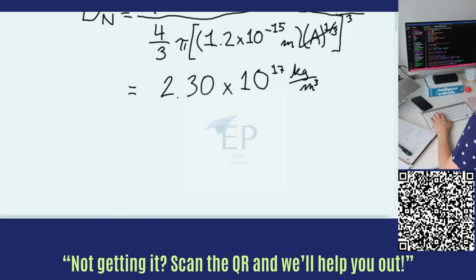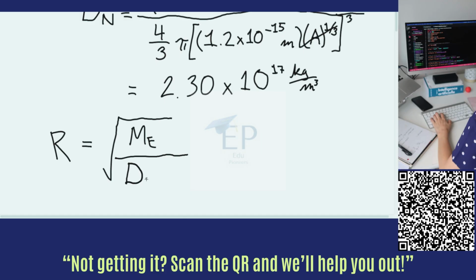So in order to find that out, we can work out the formula here for this new r. It's the radius of the Earth if the Earth were to have the density of atomic nuclei. Which is going to be this mass of the Earth that we have above, but instead of using the density now of the Earth, we're going to use the density of the atomic nuclei that we just calculated there.